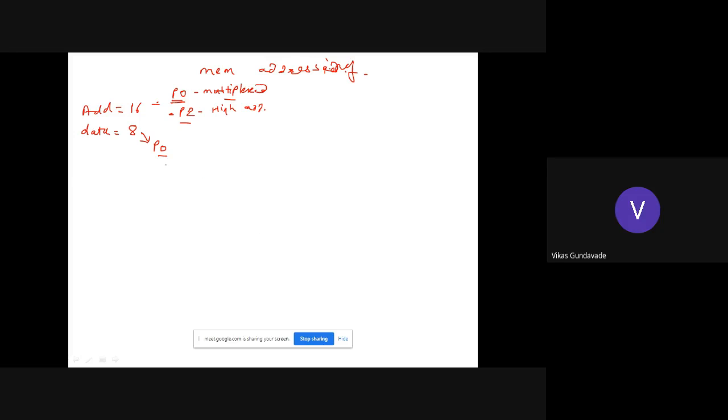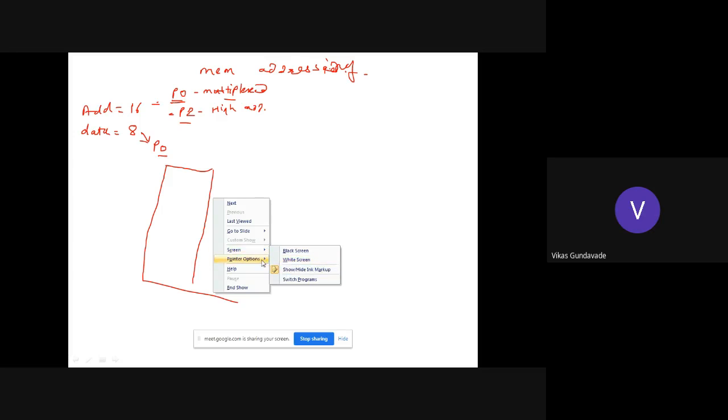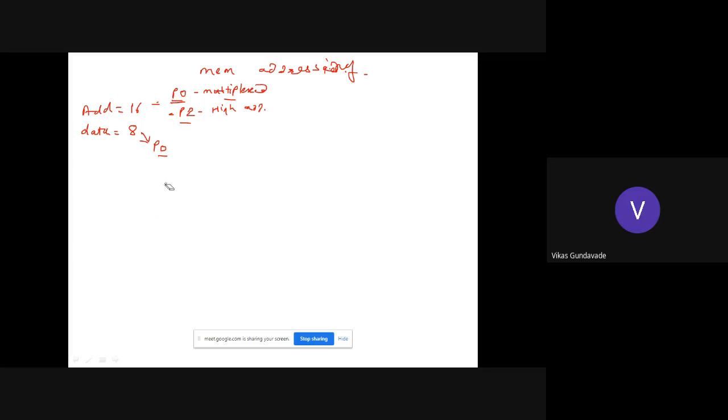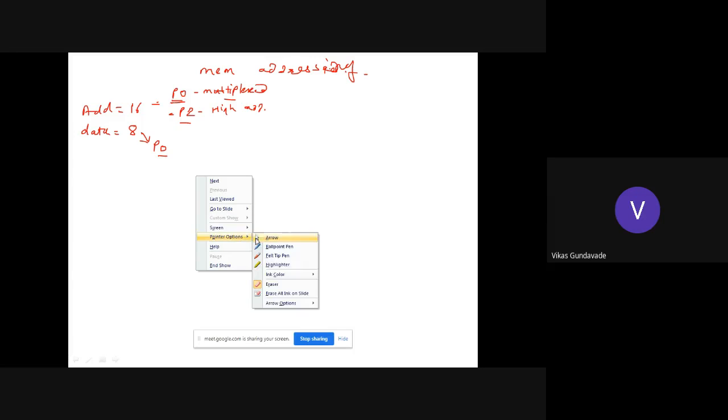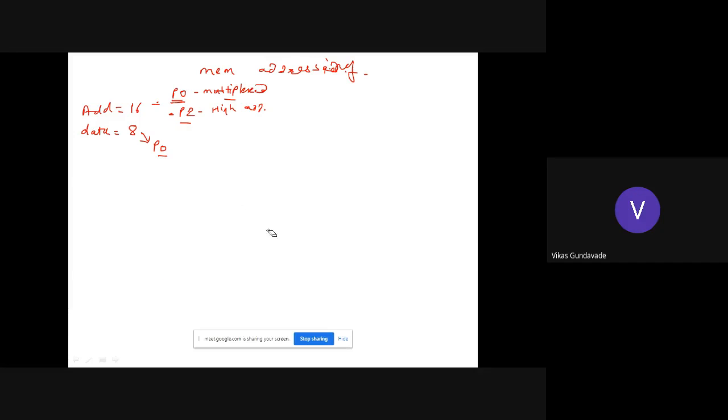Now, let's assume I will draw the microcontroller here. Pardon for the design, I will try to draw it properly.